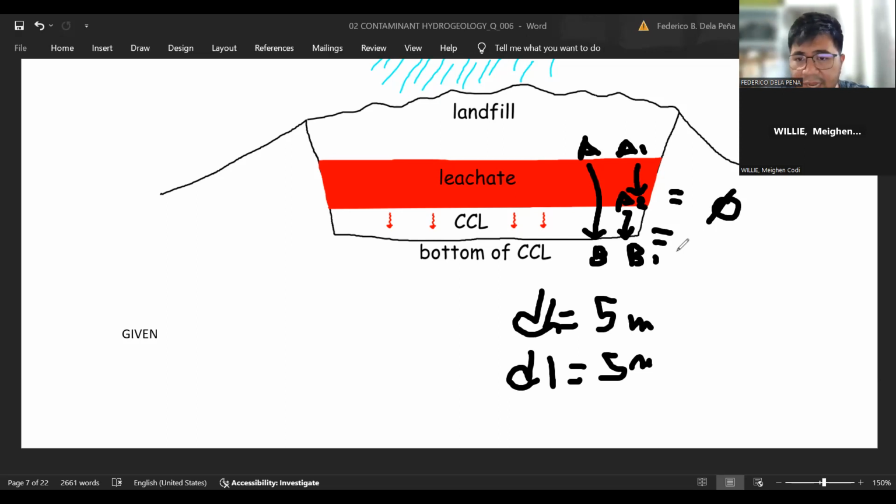So essentially, for the flow path length, we can just ignore this segment. We can ignore the segment of travel through the leachate. And therefore, we can just consider the thickness of the leachate. Therefore, the DL will be just 2 meters.